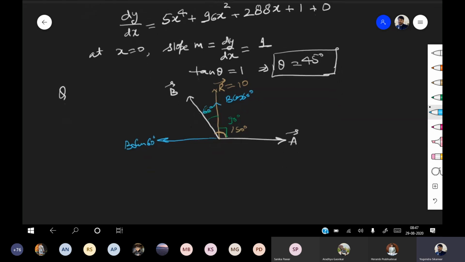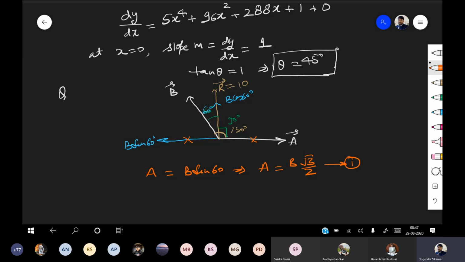So B sine 60 should be equal to A, that's why these two are nullifying each other. So magnitude of A is equal to B sine 60, which gives A is equal to B into root 3 by 2. This is equation number 1.